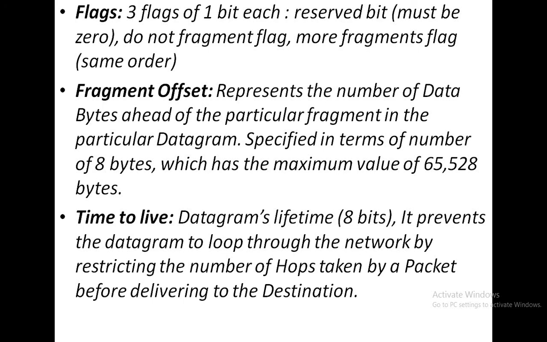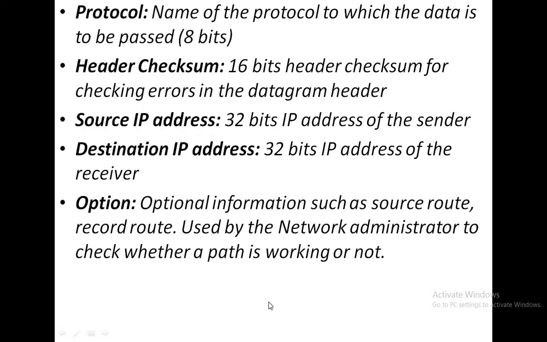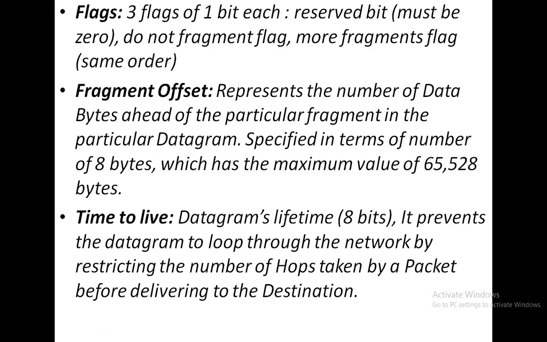So the datagram's lifetime prevents the datagram from looping through the network by restricting the number of hops taken by a packet before delivering to the destination. That means each and every time it decreases its lifetime, and when it comes to 0, the datagram has to be discarded from the network.